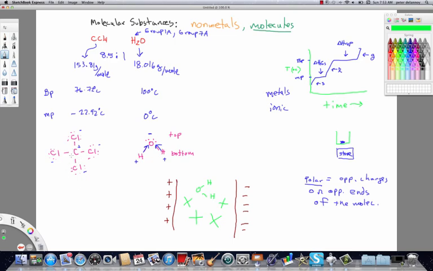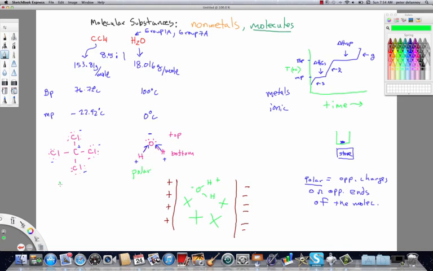So this molecule is going to have random orientations when you place it between two plates that have opposite charges, whereas your water molecule very specifically is going to be lined up between the plates, so as to place its opposite charges face towards the appropriate opposite charges on the plates. So the water molecule is polar.